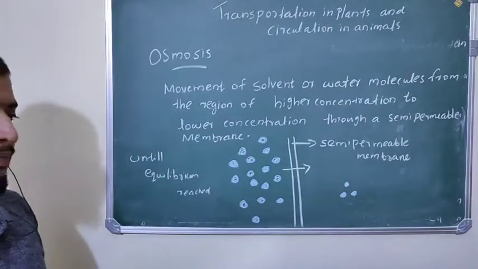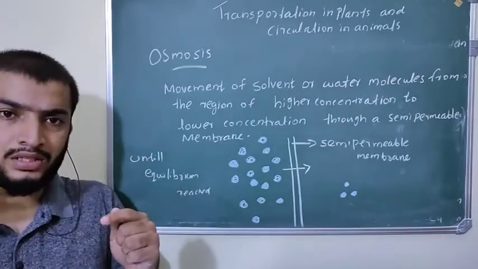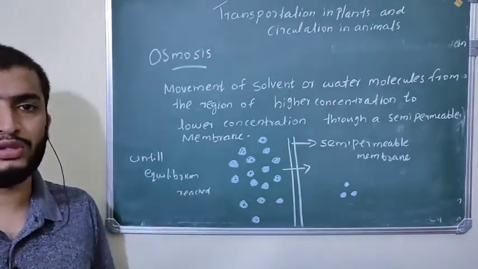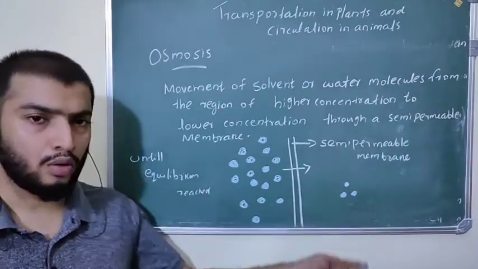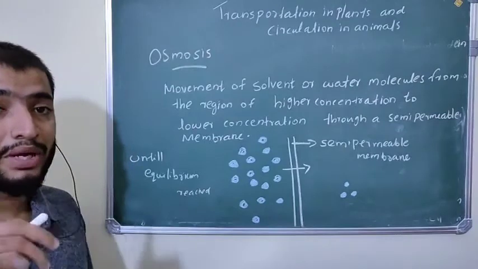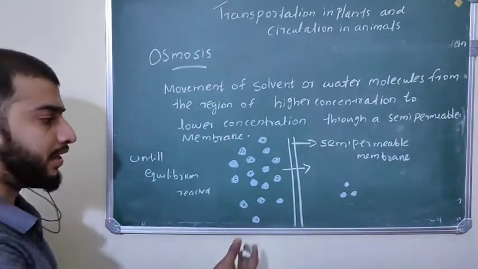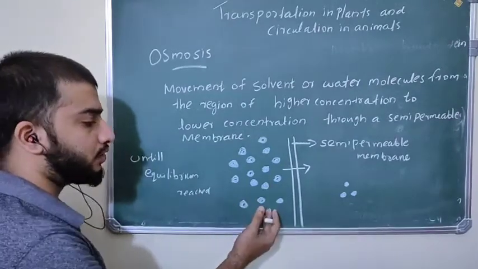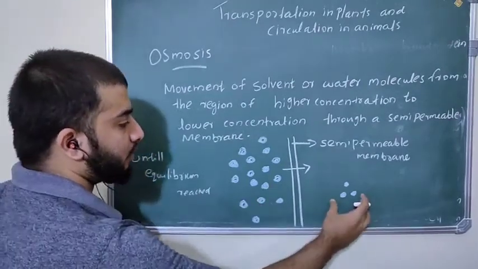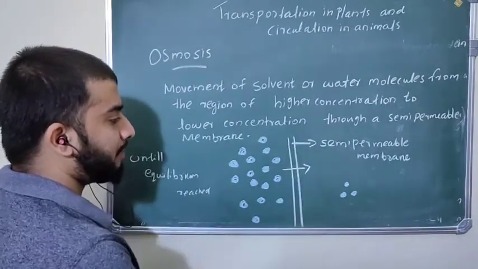So that is osmosis. That means water molecules or solvents move from higher concentration to lower concentration through a semi-permeable membrane until equilibrium is attained. For example, here there are 10 molecules of water, that is the concentration of water molecules here, and here the concentration of water molecules is 3, suppose, and there is a semi-permeable membrane.